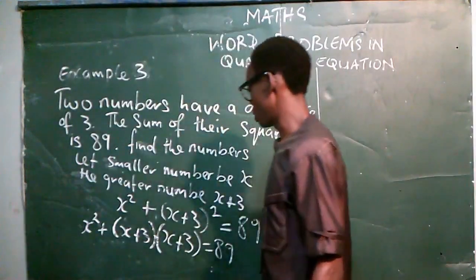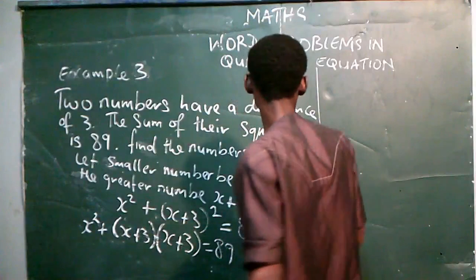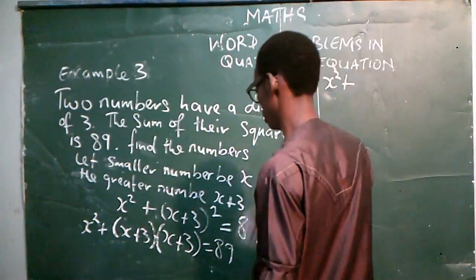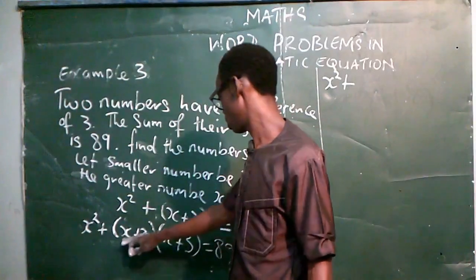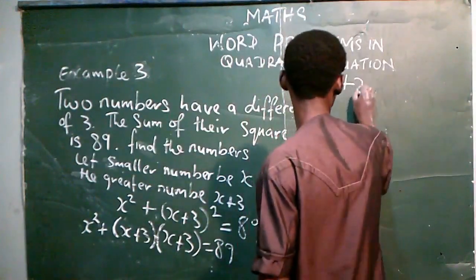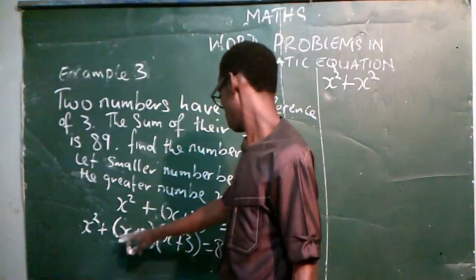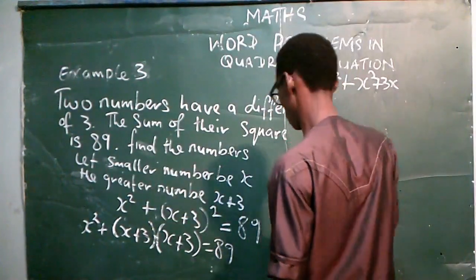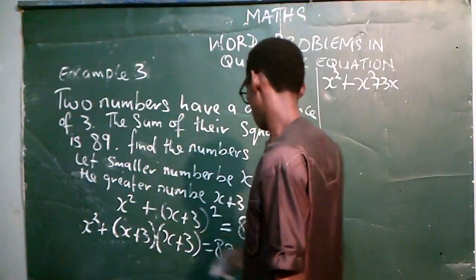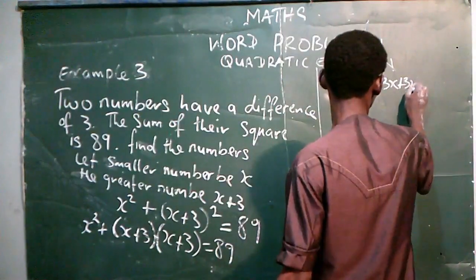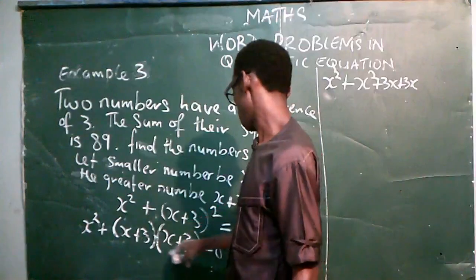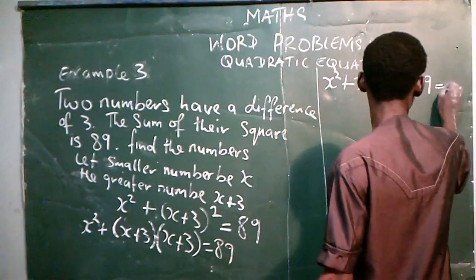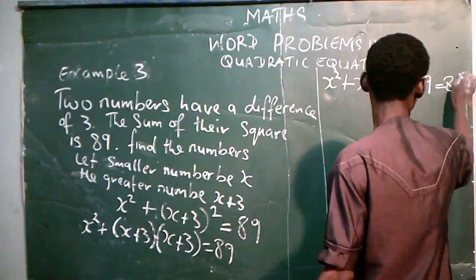So if I expand, x squared plus, x times x will give me x squared, x times 3 will give me 3x, 3 times x will give me 3x, 3 times 3 will give me 9, equals to 89.